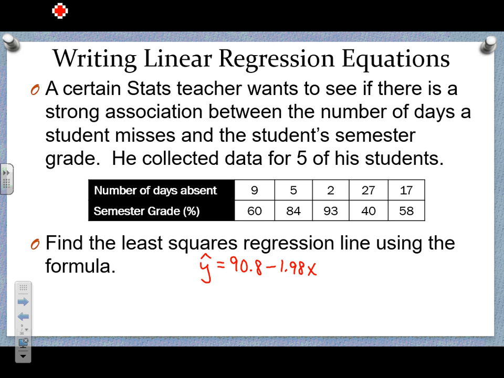So this is what my equation should look like. y hat is equal to 90.8 minus 1.98x. Or if we want to use variable names, instead of y hat, I could write this as, yeah, we could do grade hat. So the predicted grade would be equal to 90.8 minus 1.98 times days absent.